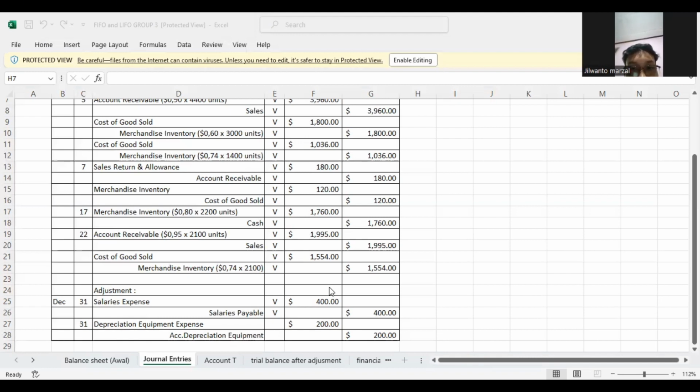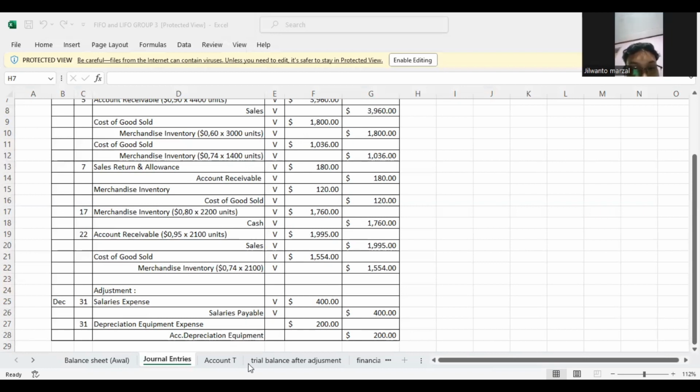And in credit sales, $1,995. And then we journal the cost of goods sold in debit, $0.74 multiplied by 2,100. So it will be $1,554. And then in credit, which is inventory, $1,554. Okay, we move on to adjustment.